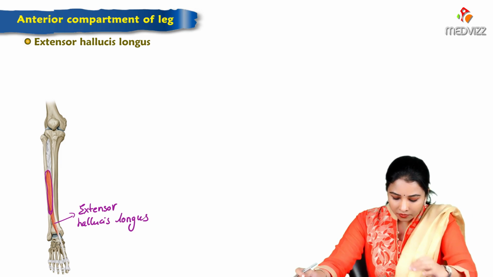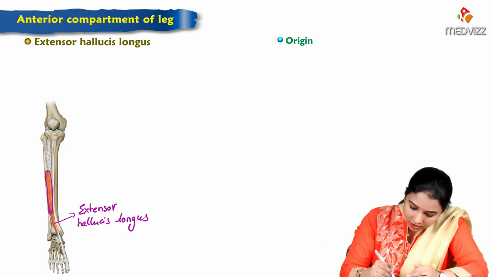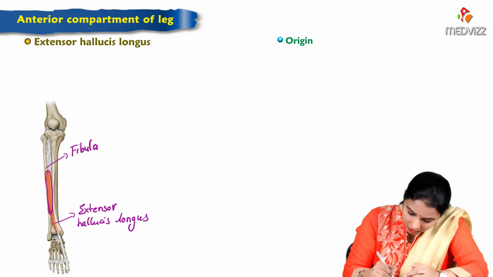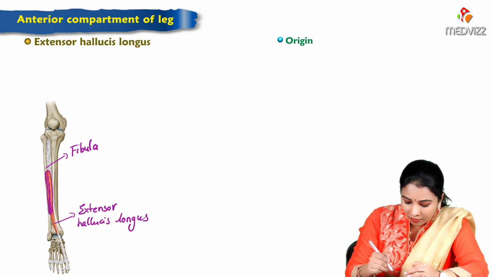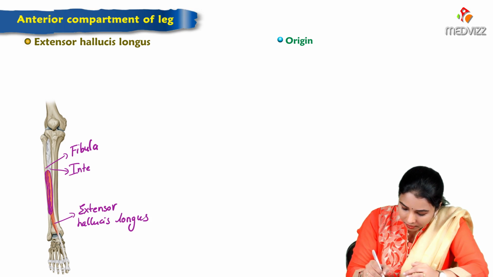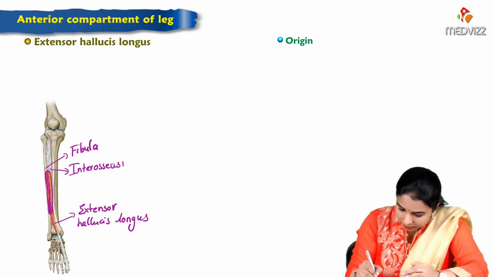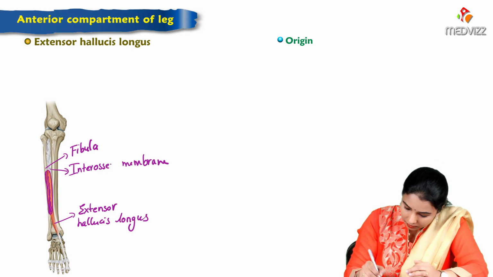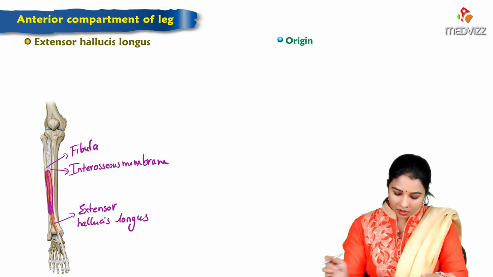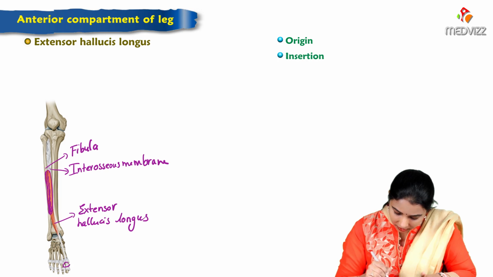We can see its origin. It gets origin from the lower part of the medial surface of the shaft of the fibula and also from the interosseous membrane. And we can see its insertion.